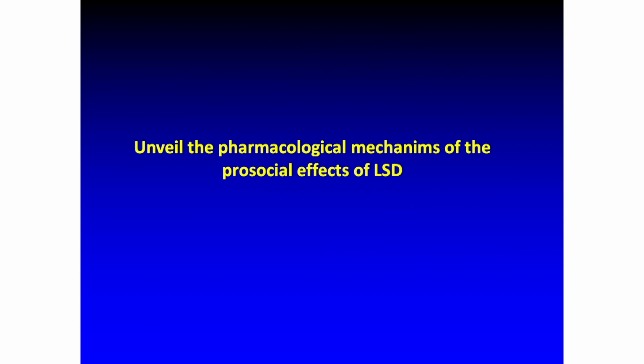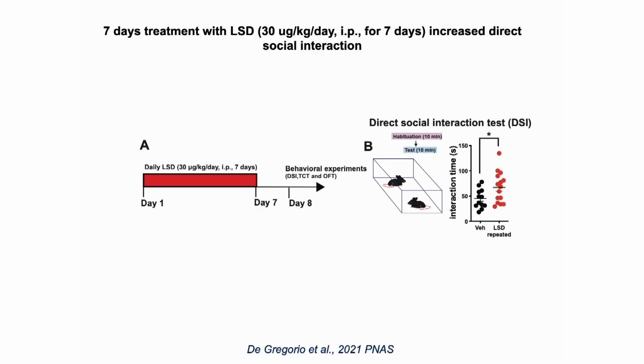So a few years ago we published an article in which we demonstrated that low, non-hallucinogenic doses of LSD in rodents enhanced social interaction. We performed a test called direct social interaction, in which mice were treated for 7 days with low non-hallucinogenic doses, corresponding to 30 micrograms per kilo, and we saw that animals treated with LSD were interacting more.